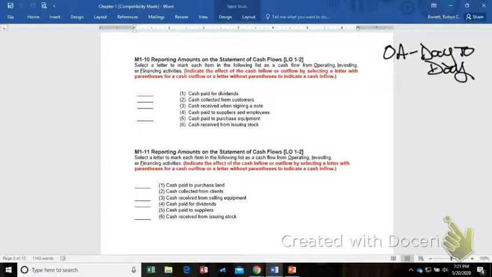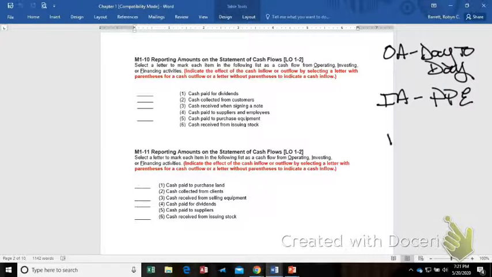Operating activities are activities that are going to happen on a regular basis every day that deal with the business, things that have to take place for the company to operate. Investing activities are typically things where you put your money in or when you sell property, plant, and equipment, things that you're going to invest in.